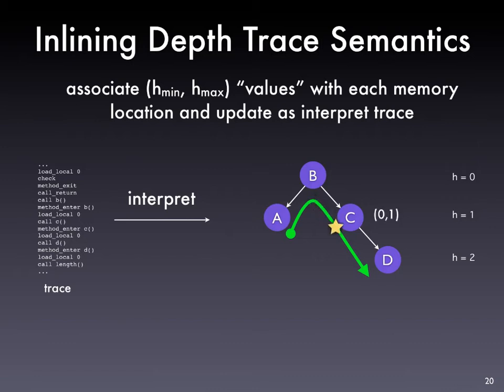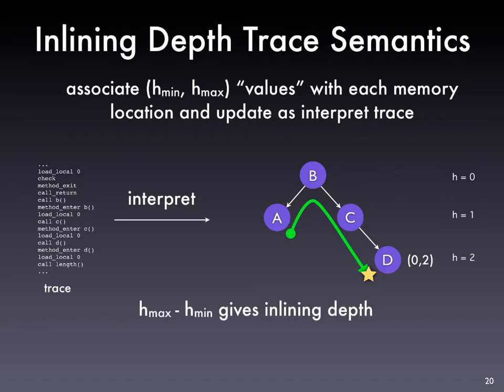When it's passed to C, it still hasn't been exposed to anything higher than 1, and so its value stays the same. But then when it's passed to D, it's been exposed to a stack height in the call tree of 2. This updates its value to 0, 2. Then at a use site in D, the inlining depth is given by hmax minus hmin, which in this case is 2.